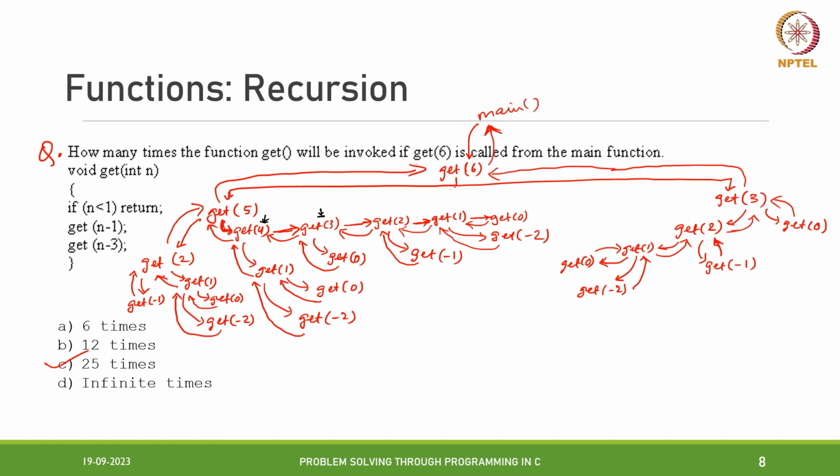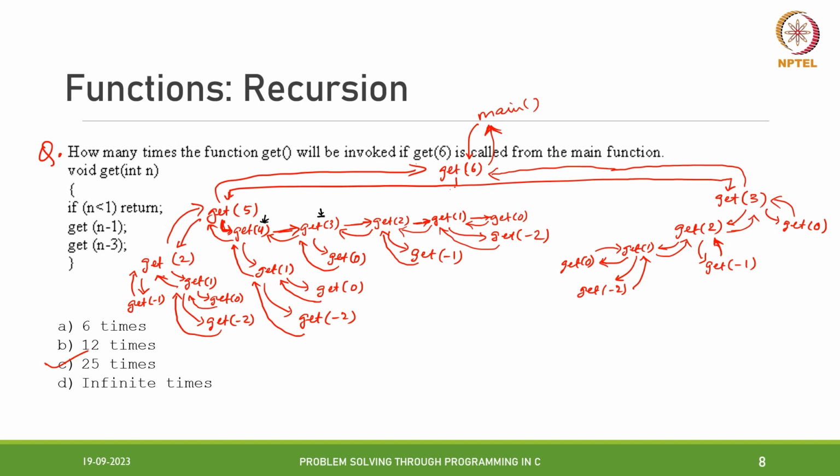Like you have to see for which of the ones n minus 1 is done. N minus 1 has been done for the get of 4 call. The n minus 1 has not been done for the get of 1 call here. So this get of 4 calls n minus 3, which is get of 1. But think of it as a completely new run of the get code with a value of 1. So in that case, you will again have an n minus 1, right?